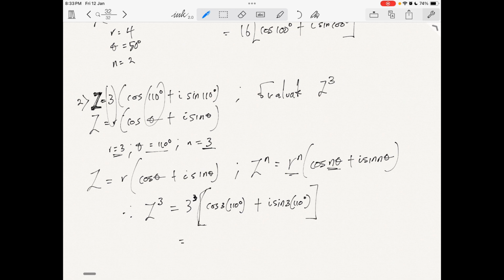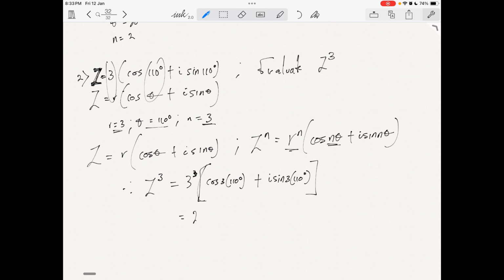Now 3 raised to power 3 is 27. 3 multiplied by 110 is 330 degrees, plus i sine 330 degrees.